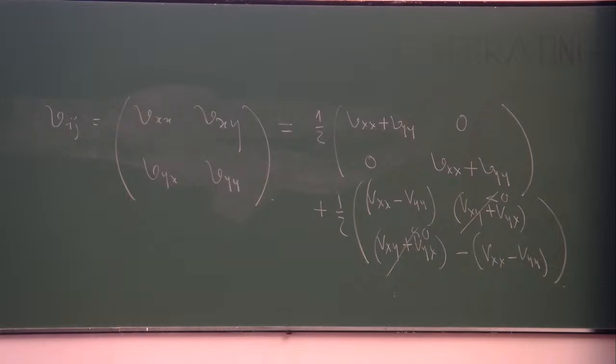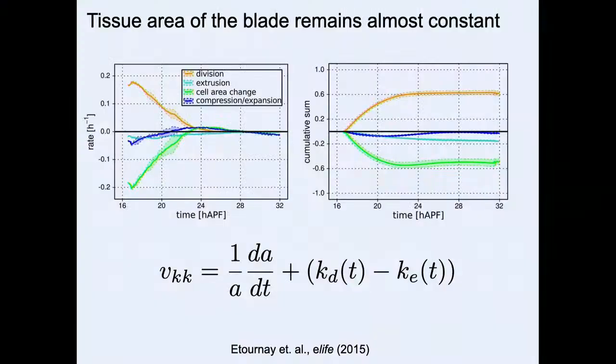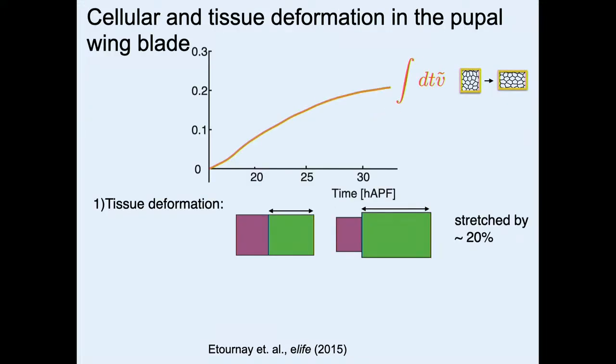Now let us look at the quantification. As I said, the change in area is 0, and one can see that from this compression or expansion plot with time, which is roughly close to 0. I will not go into these details. I will go to the main result.